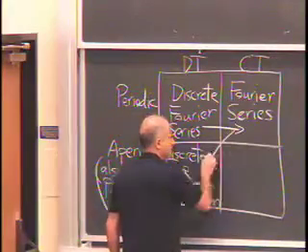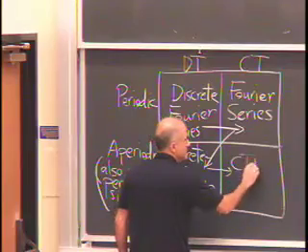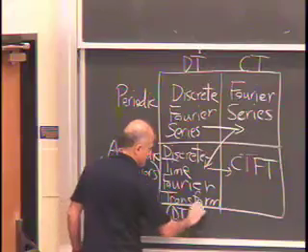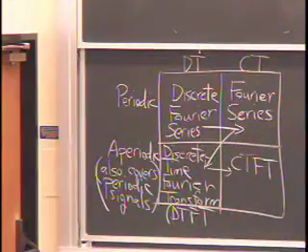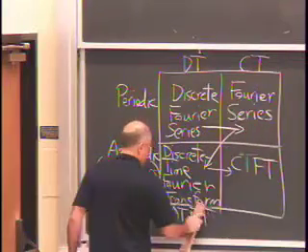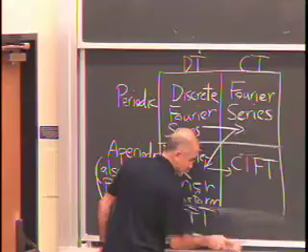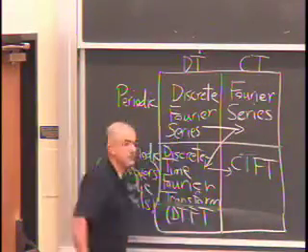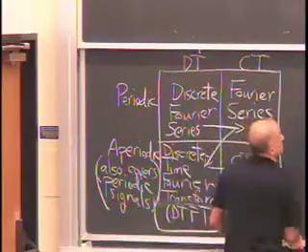And then from there, we move to the CTFT, continuous time Fourier transform. So this is DTFT. That's our roadmap for the rest of the semester. Okay? Now, what is this all about?